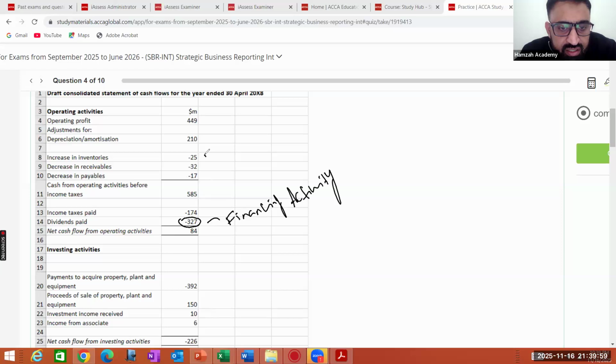Increase in inventory, decrease, okay. Decrease in receivable. Dear student, decrease in receivable, we add. But what they have done, they have minus. Decrease in payable, they have minus, that is correct. But decrease in receivable should have been added.